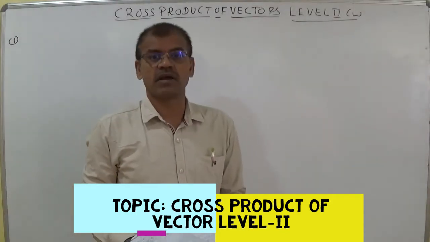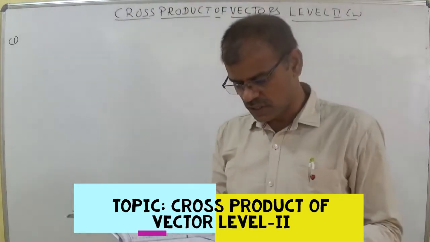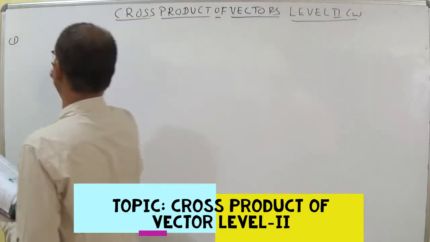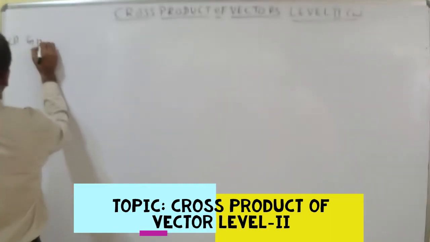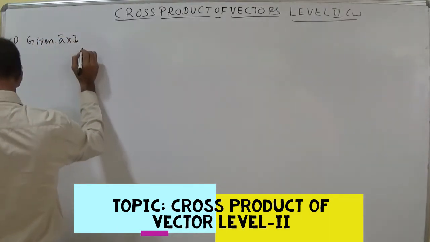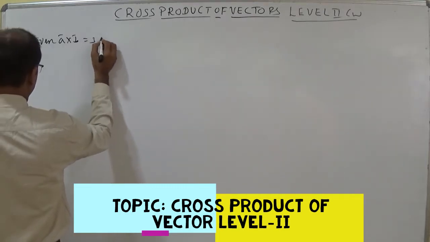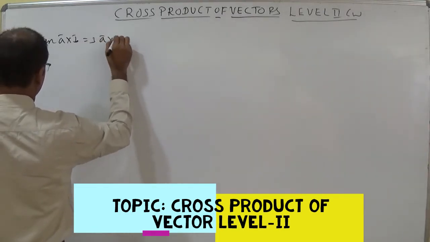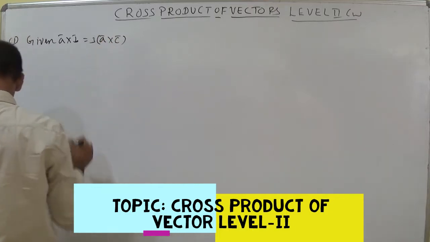Three vectors A bar, B bar, C bar such that A cross B equals 3 into A cross C. This is the given data. Given data is A bar cross B bar is equal to 3 into A bar cross C bar.